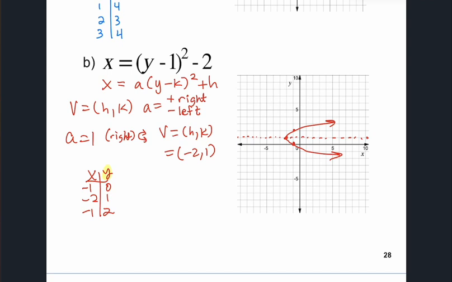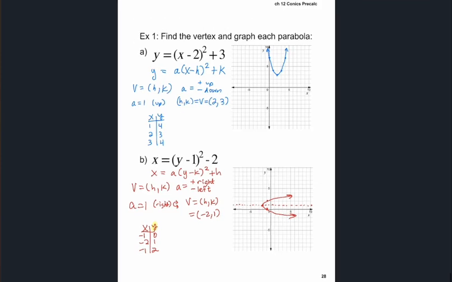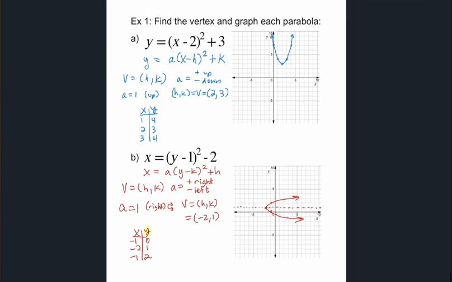Anyway, if it's in vertex form and it starts out x equals y squared, we should expect a parabola lying on its left or right side. So that is the difference that we're going to see for example 1.